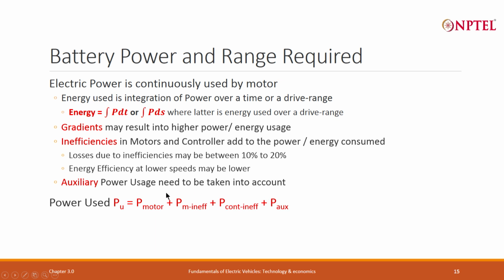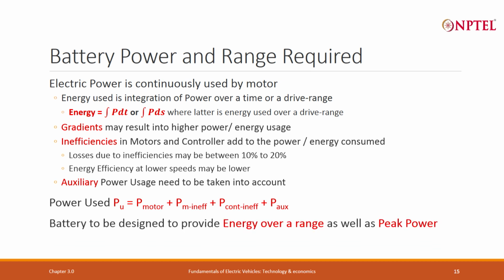All three are losses, well, auxiliary power is not a loss, but the power used will include the auxiliary power. That is what you have to do to compute the range that a battery will give you. The battery is designed to provide energy over a range as well as peak power. So, you have to take the total power used to get the real range you will get.